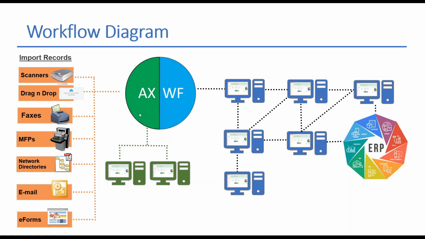Once the records are inside of ApplicationXtender, the invoices, or the purchase orders, or the related documents, can be viewed by your ApplicationXtender users. The invoices are then routed based on business rules or ad hoc to various users or groups of people for review and approval. While this is occurring, people inside of AX can see the status of that invoice.